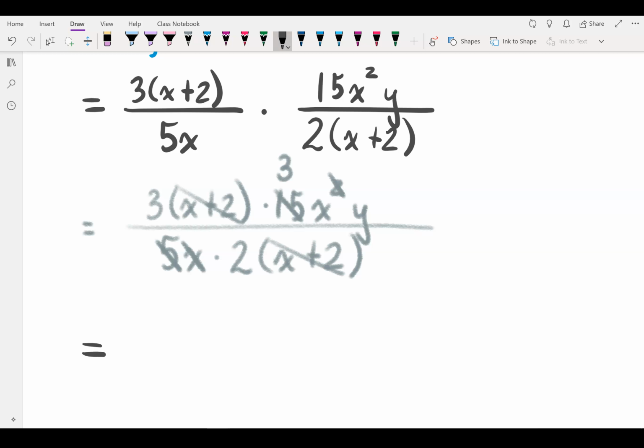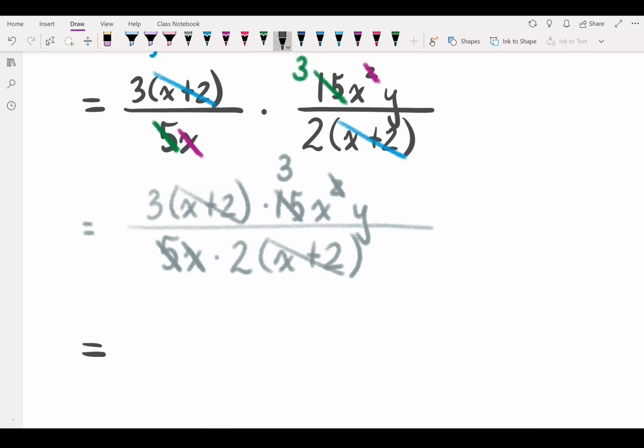Same story: there's an x plus 2 on top and an x plus 2 on bottom. I have an x squared on top and an x on bottom, so one of the x's goes away on top and the other x on bottom goes away. And 15 divided by 5 gives a 3.